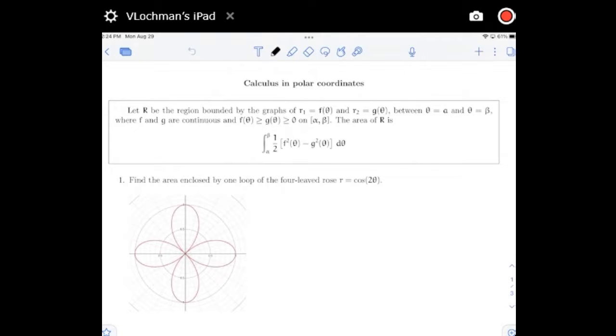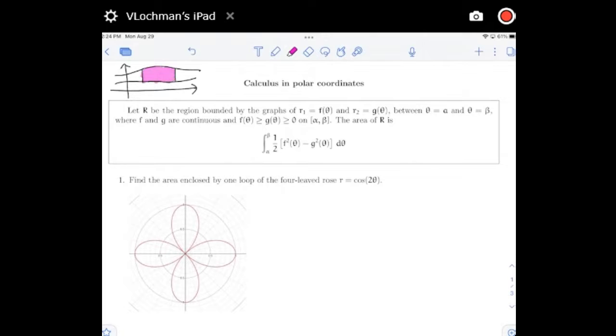Let me give you a quick reminder of what we've done in Calculus 2. One of the first applications of integrals is that we can find the area that's bounded by two curves. Here I'm giving you a quick sketch.